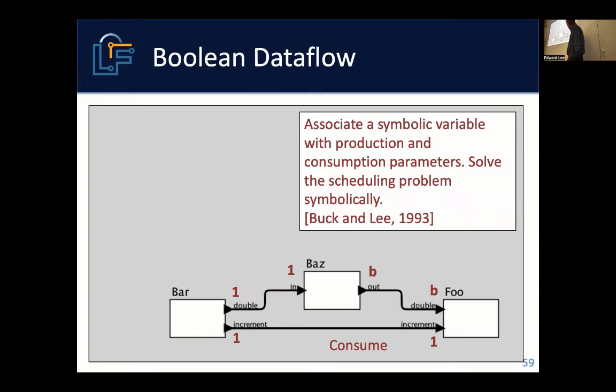Right? So now you can write down the same system of equations, but now it has symbolic variables in it. You can symbolically solve this equation or show that it doesn't have a solution. Okay?